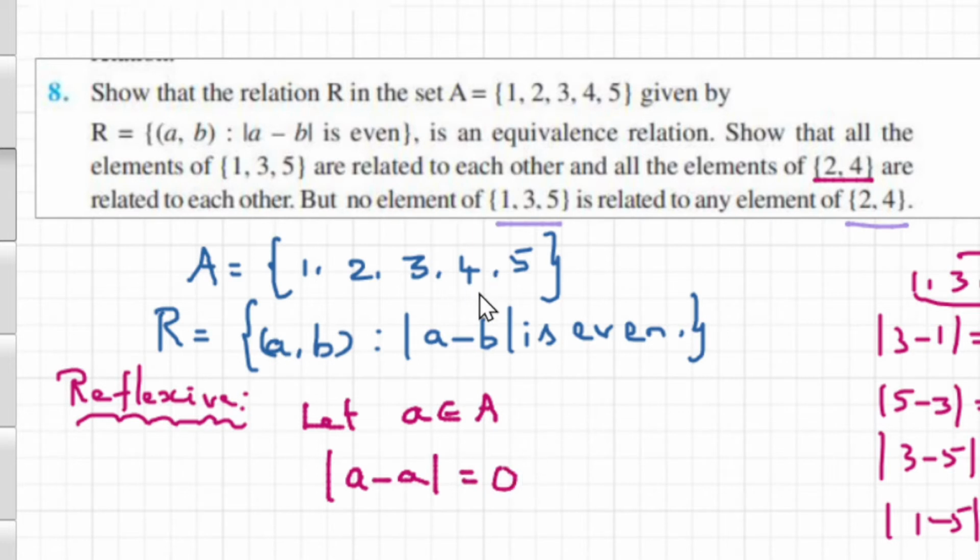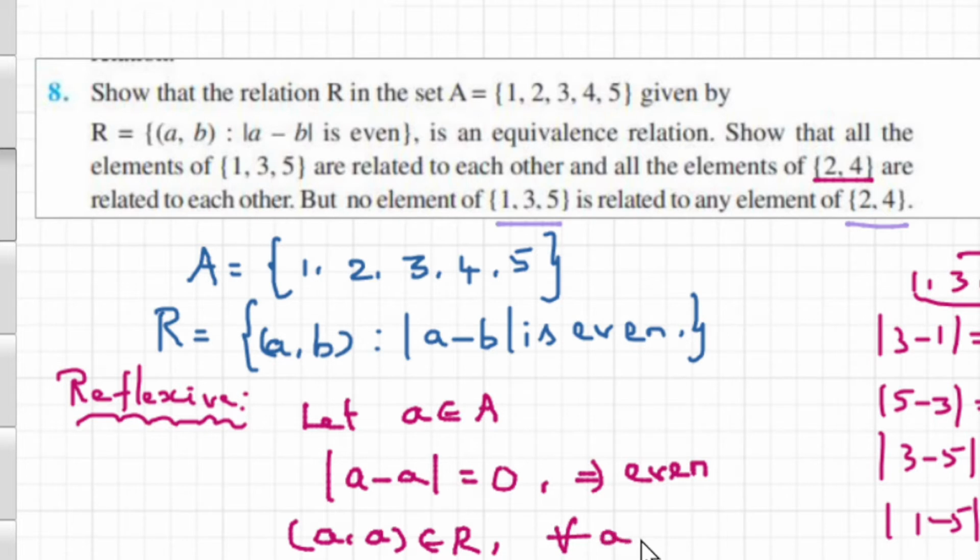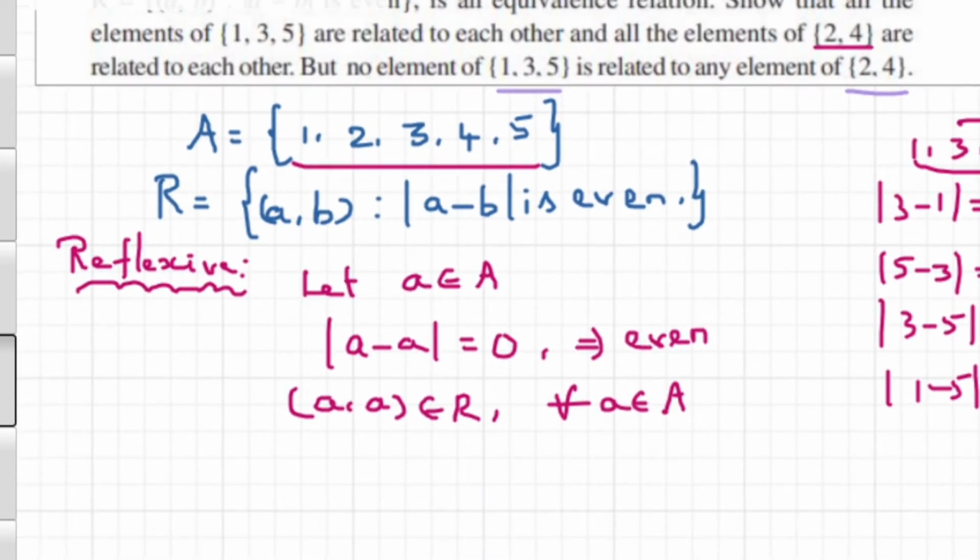If we have 3 minus 3, whether it is an odd number set or an even number set, the difference of those is equal to 0, which is automatically even. So from this it is clear (a, a) belongs to R for all a belongs to set A. Therefore R is reflexive.